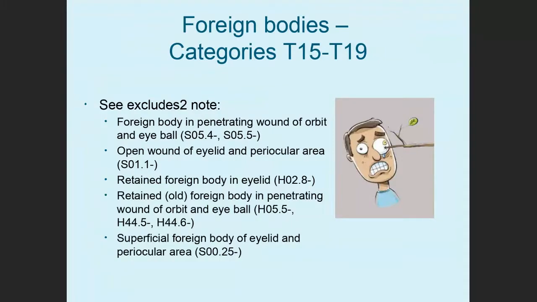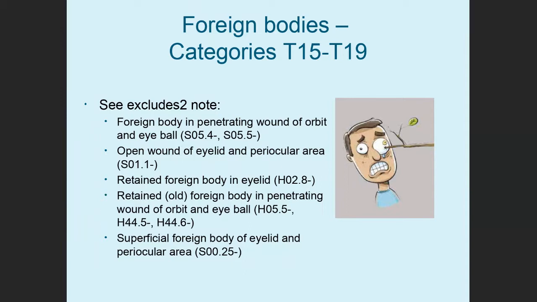Okay, foreign bodies categories T15 to T19 have Excludes2 notes. Remember, that means that if both conditions are documented, two codes can be reported. So the Excludes2 notes for these are foreign body and penetrating wound of orbit and eyeball, open wound of eyelid and periocular area, retained foreign body in eyelid. You see most of these, I guess all of these, are referring to the eye area.